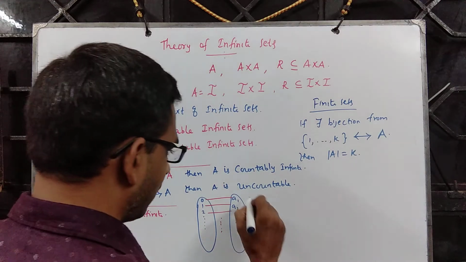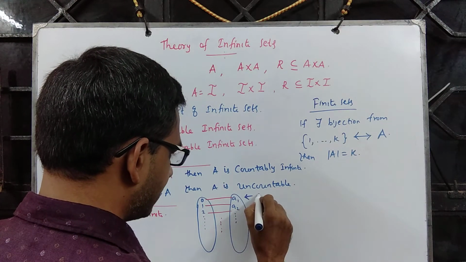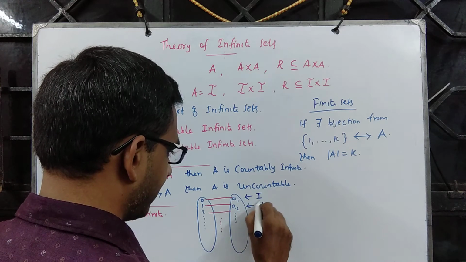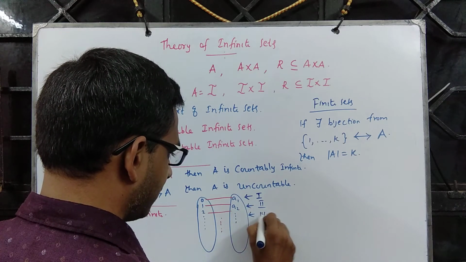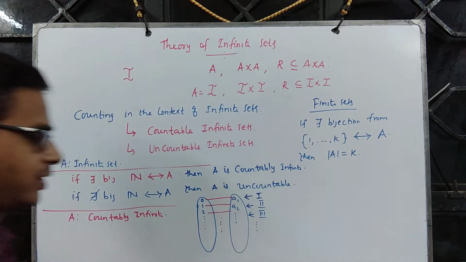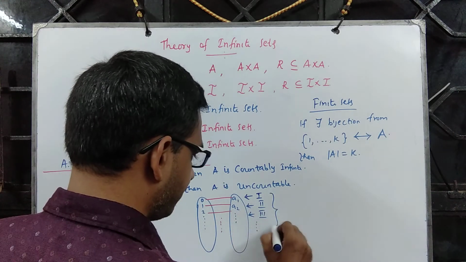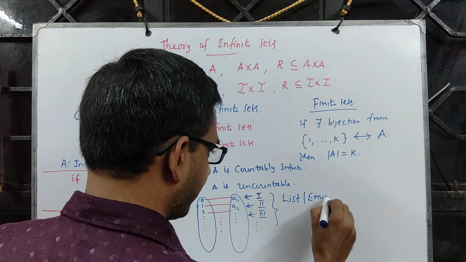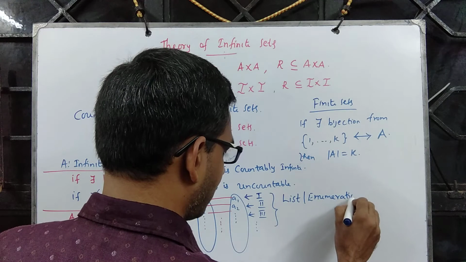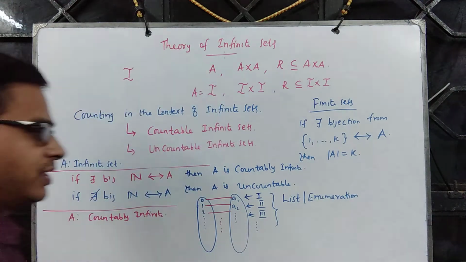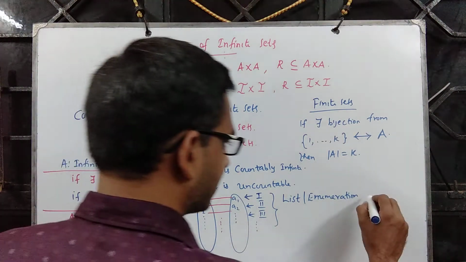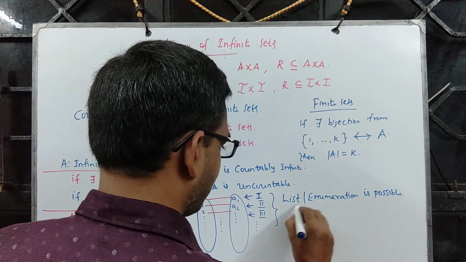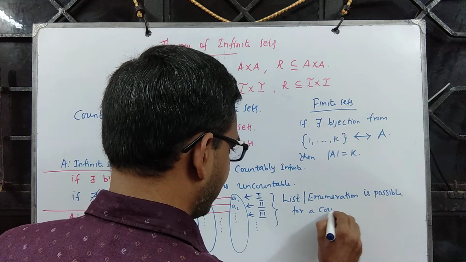This gives you an ordering. This tells you here is the first element, here is the second element, here is the third element, and so on. So you are able to list or you are able to enumerate. So listing or enumeration is possible for a countably infinite set.